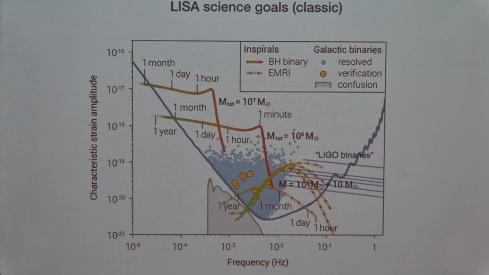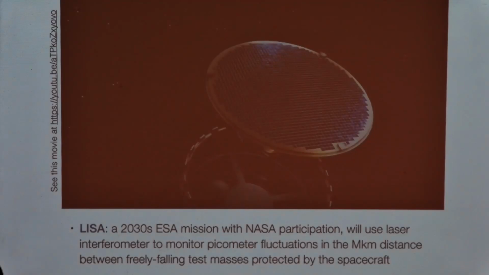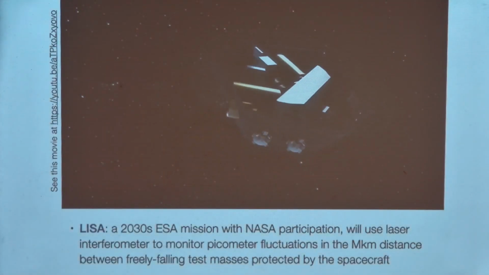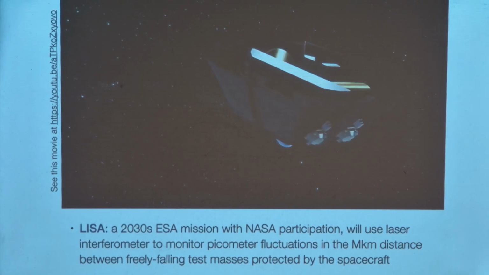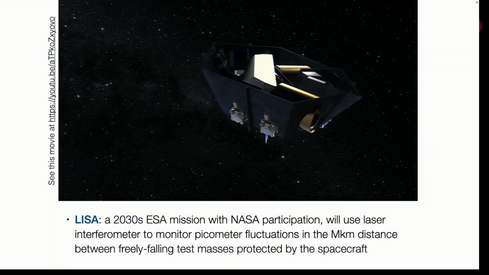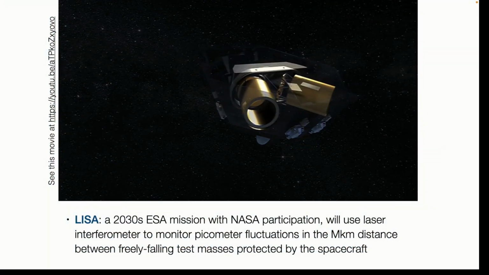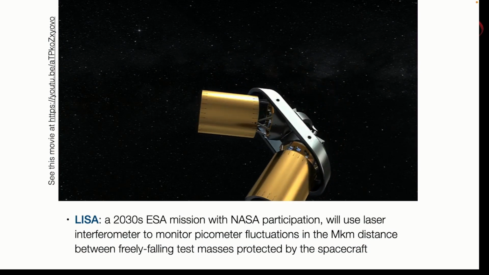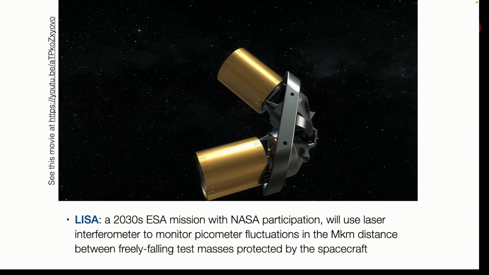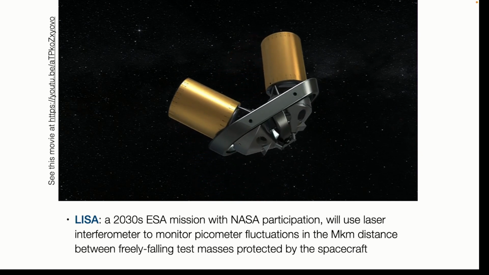And then, what do I have next? Oh, okay. So this movie, the actual structure of LISA keeps changing as different industries do prototypes and so on. So this is a few years old, but basically the spacecraft is built around two telescopes that are pointed along the sides of the triangle.